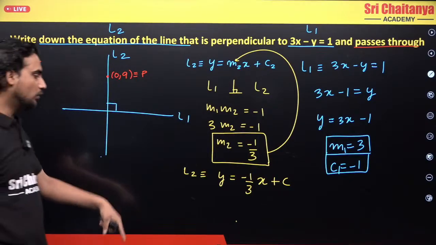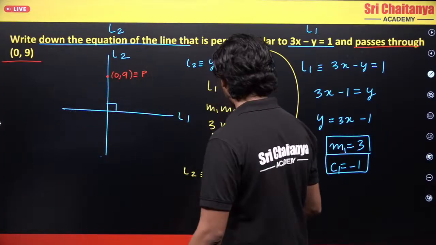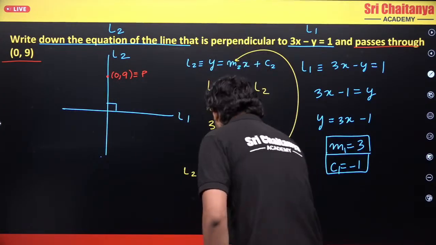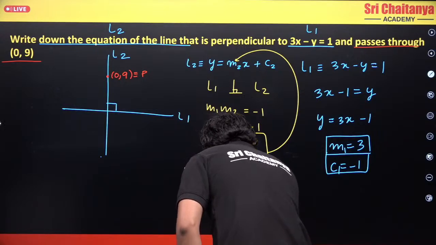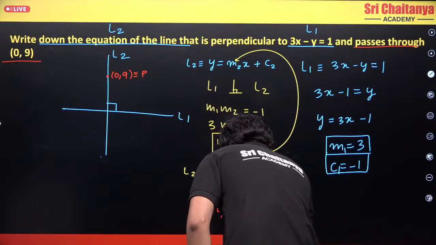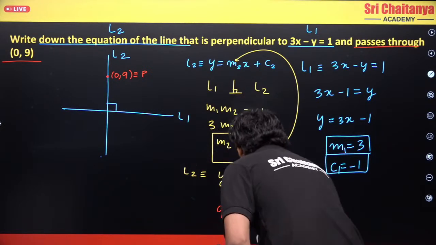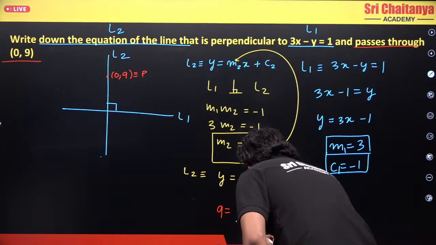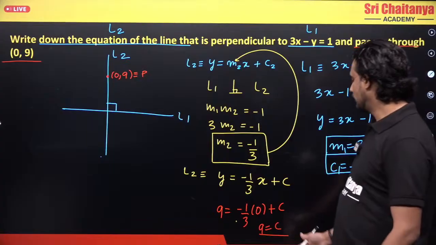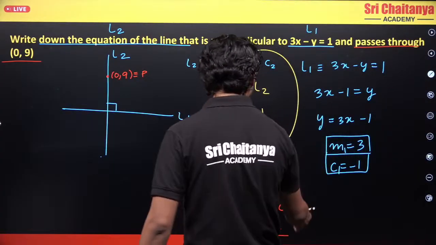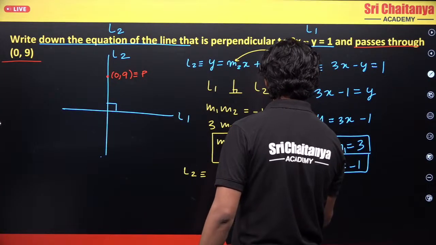So I will substitute the values. For x equals 0 and y equals 9, what do I get? 9 equals c. So I get the value of intercept as 9. Once I have the value of intercept, I will substitute it in the straight line.